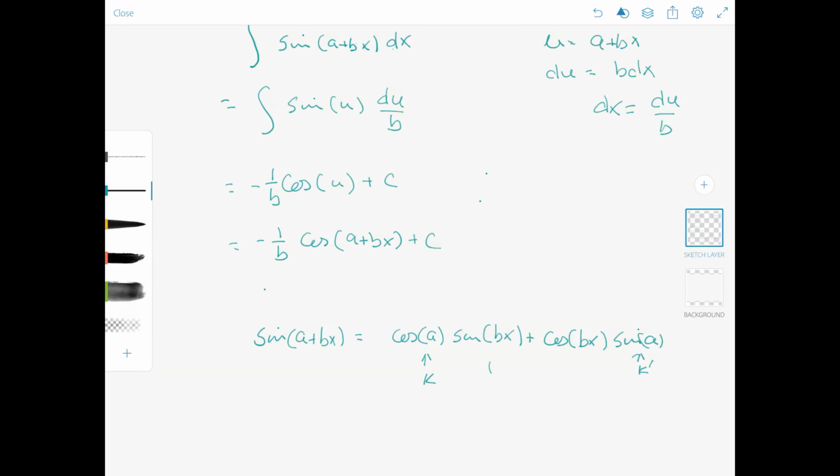Because they don't have the variable in them. And then you would do the integration for these two, and it would be a long way around, but I wonder if you couldn't get the equivalent of this when you apply the double angle formula for the cosine of a plus bx.